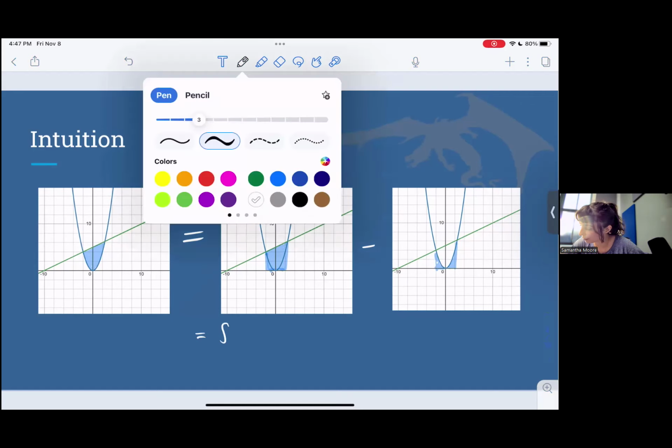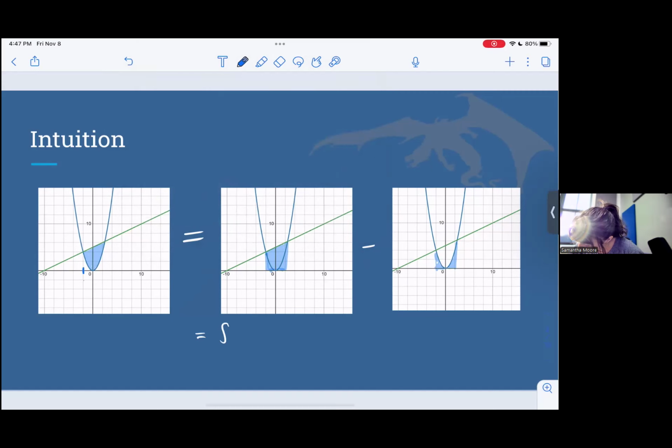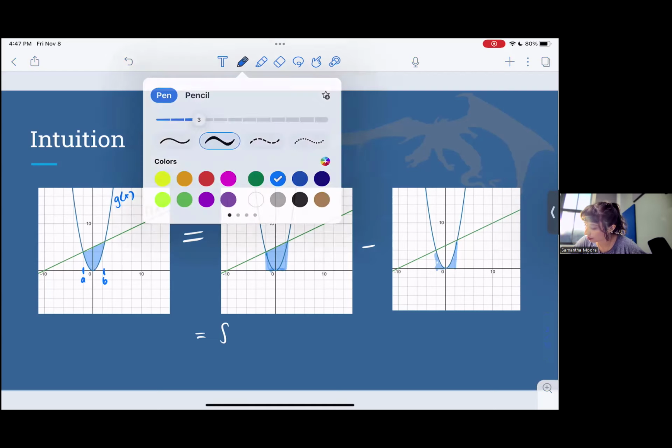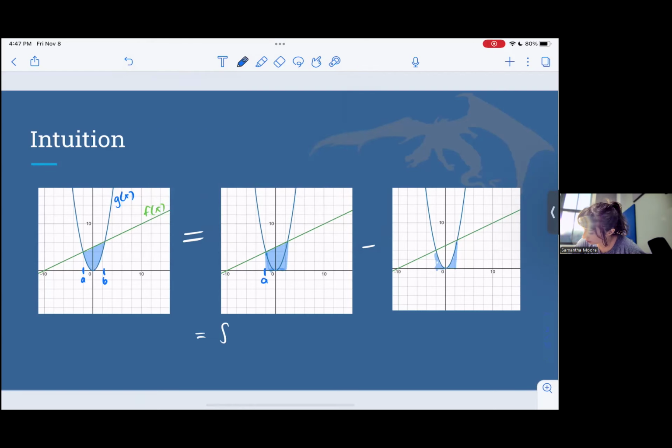Sorry, I'm overthinking things a little bit here. Let's mark this as a. Let's mark this as b. It's called the green function f of x. And let's call the blue function g of x. So all of my pictures are going from a to b.